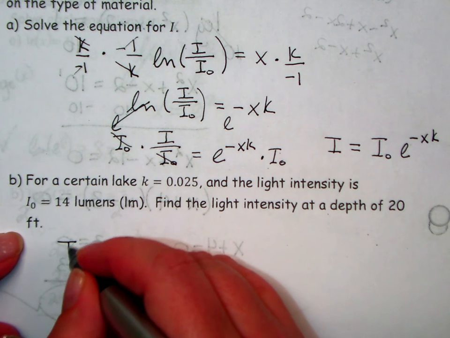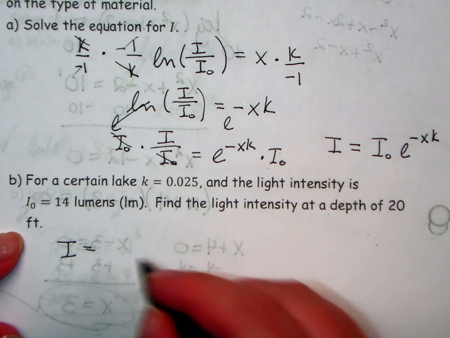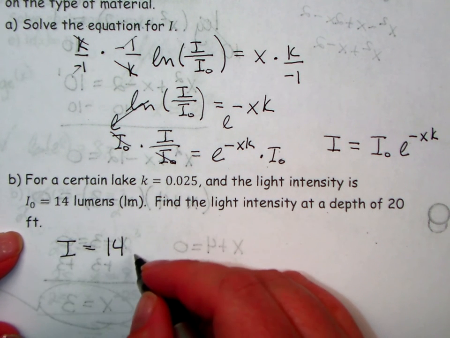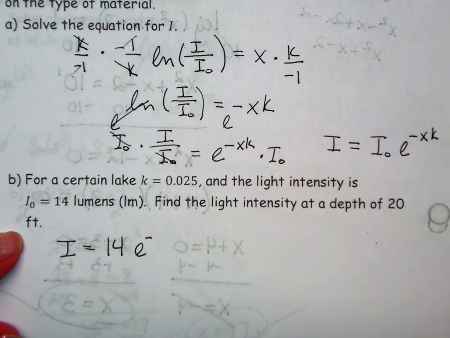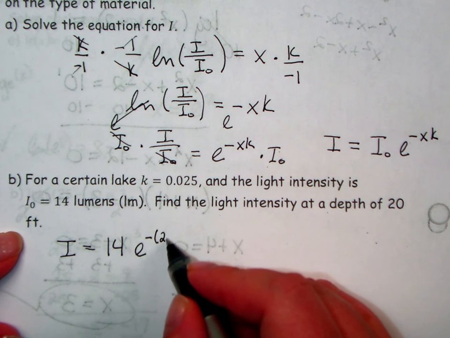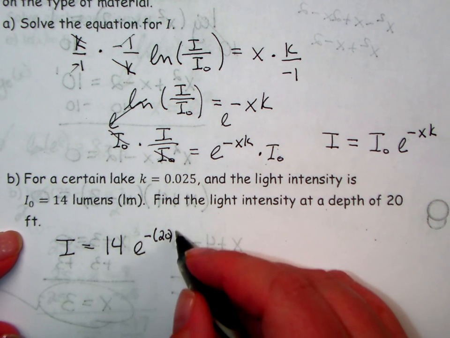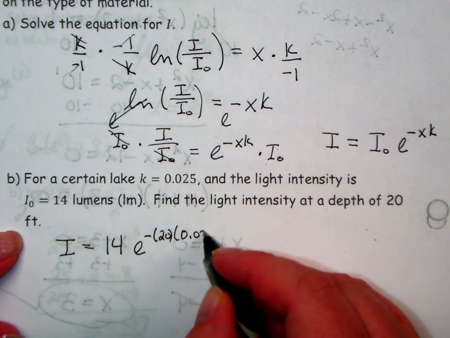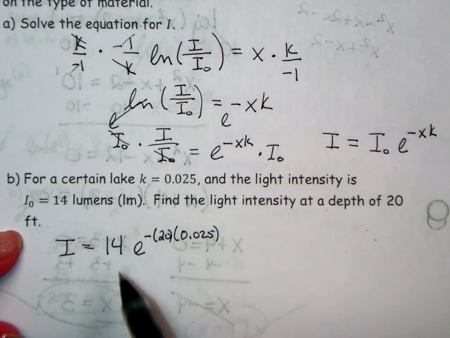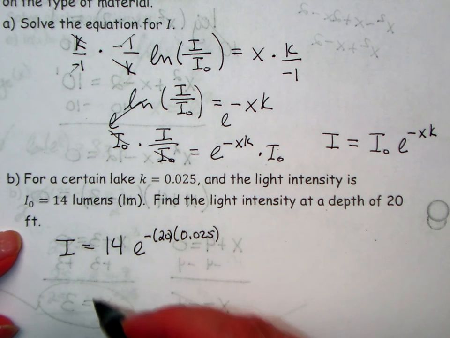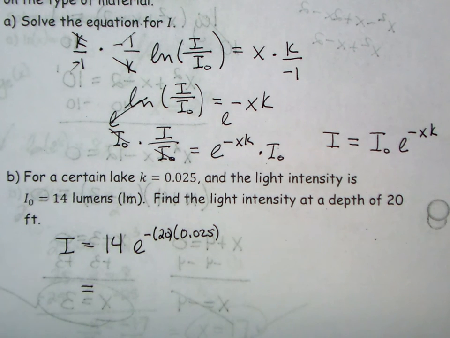So I equals I sub 0, which is 14, times e to the negative X, which is 20 feet, times K, the constant 0.025. All I need to do is plug this into the calculator.